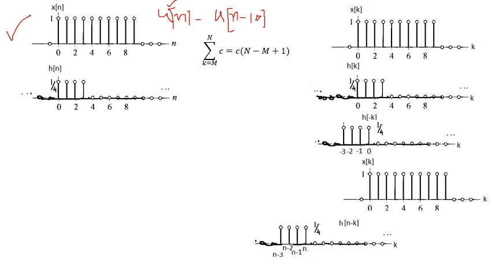Again, we have another step function, which we call the shifted step function, shifted by 10 units. Here n naught is 10, which is positive, so that means it's shifted right.